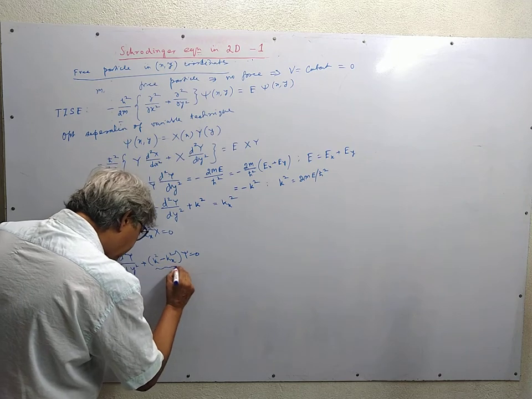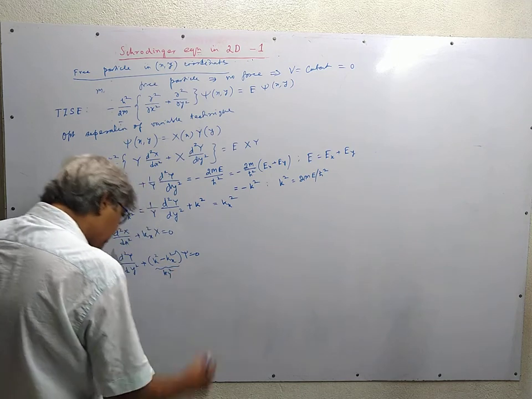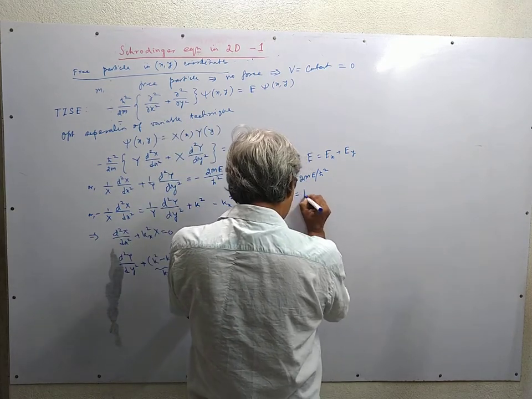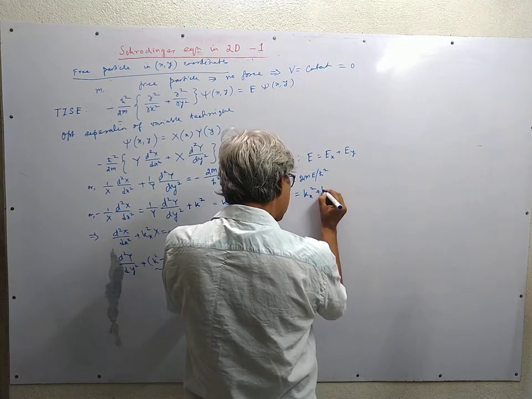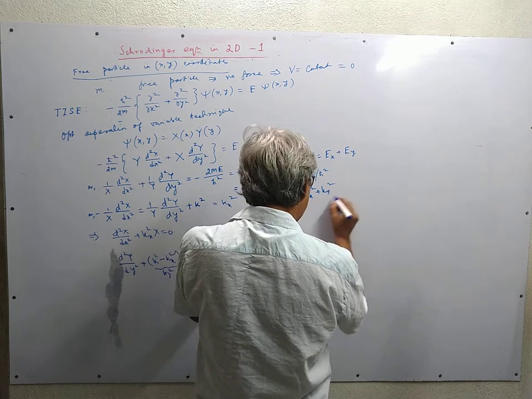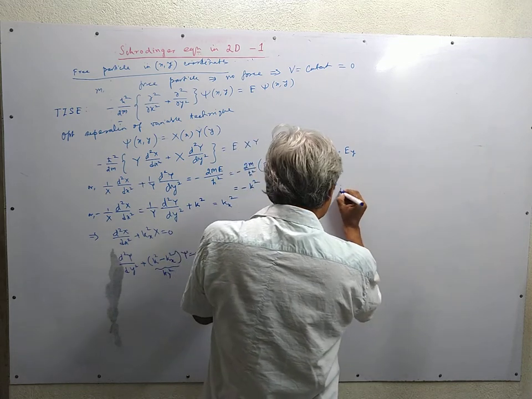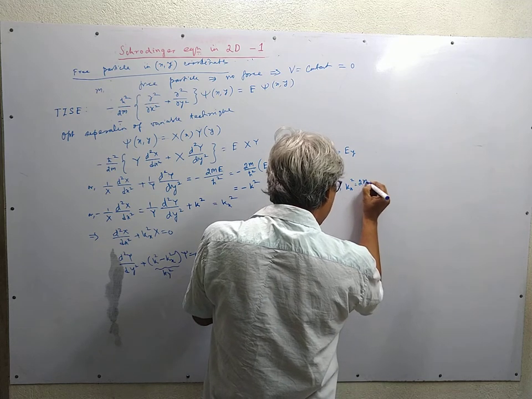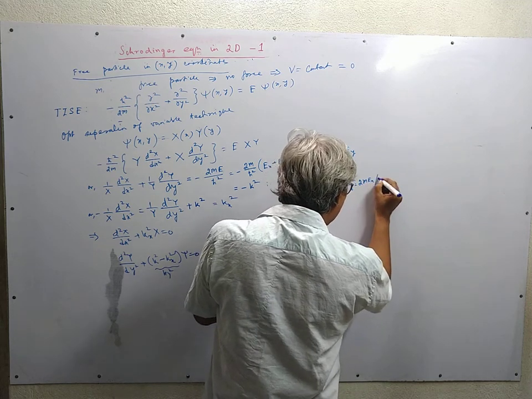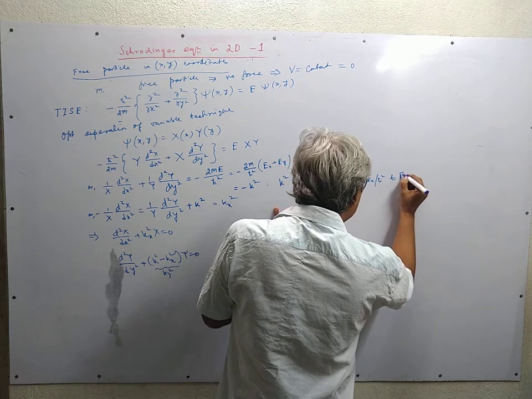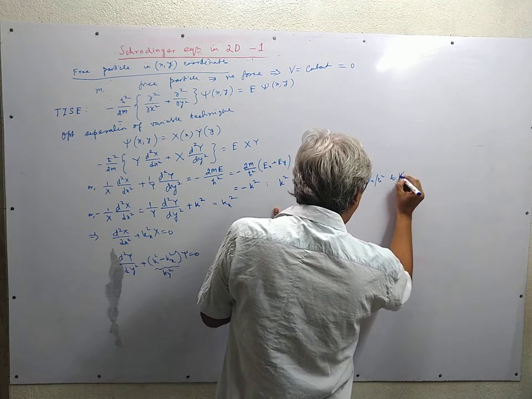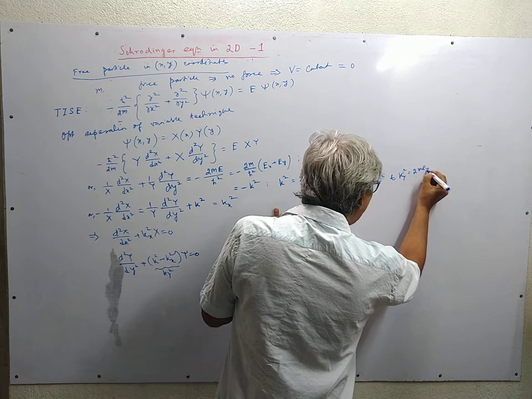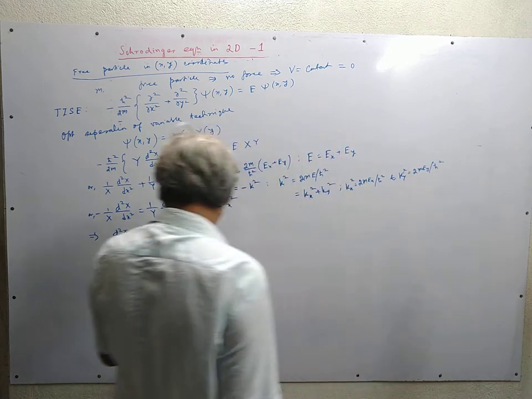We may call it ky square, so that we write it as k square equals kx square plus ky square, where kx square is equal to twice m Ex upon h bar square, and ky square is equal to twice m Ey by h bar square.